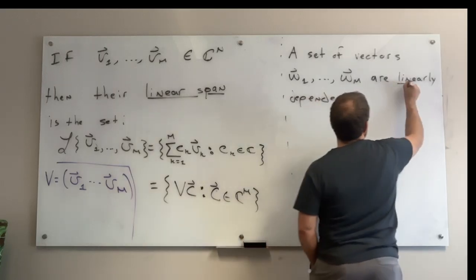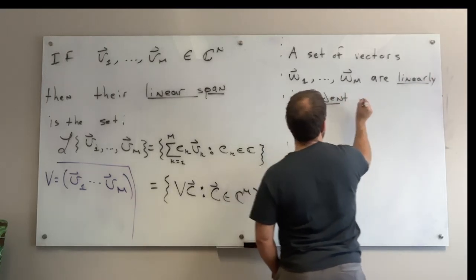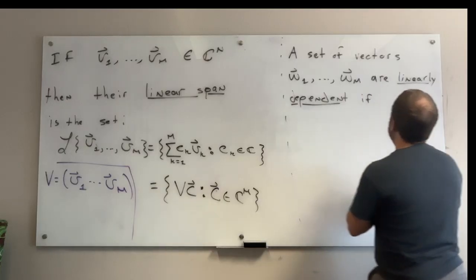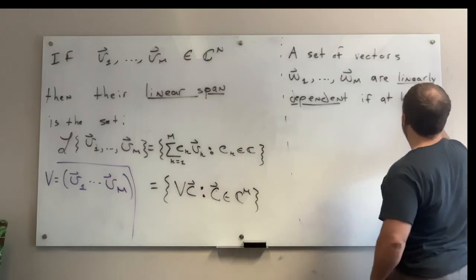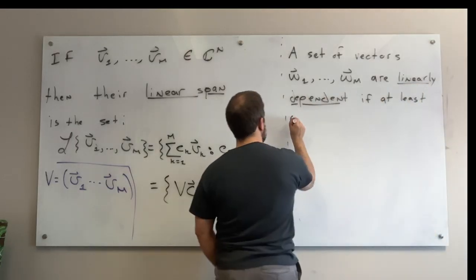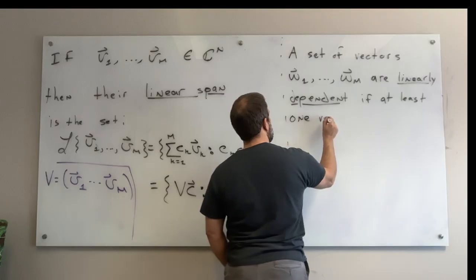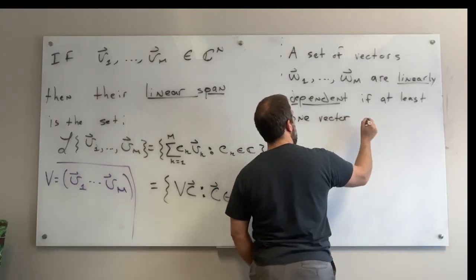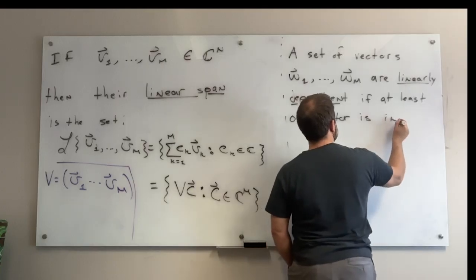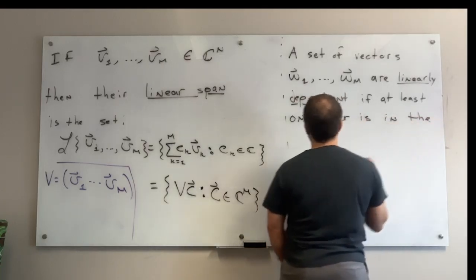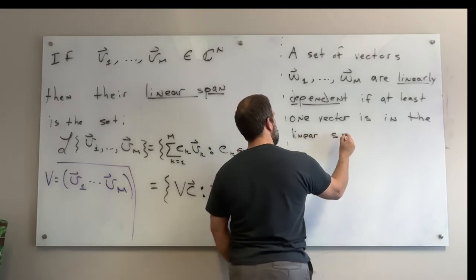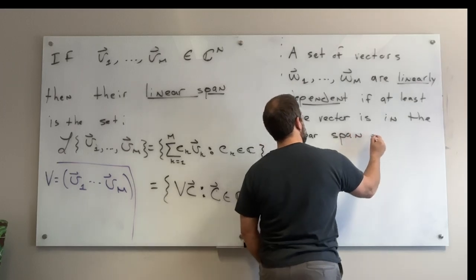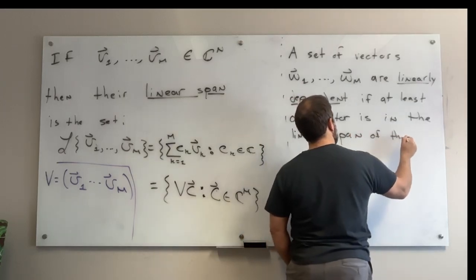A set of vectors is linearly dependent if at least one vector is in the linear span of the others.